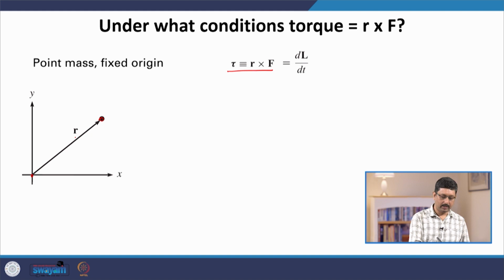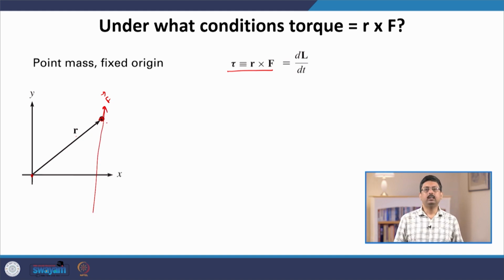This vector r is the position vector of the point mass, and let us say some force is acting in this direction. This is the line of action of the force. Then the torque due to this force about the pivot point, the origin, is given by the definition r cross F.